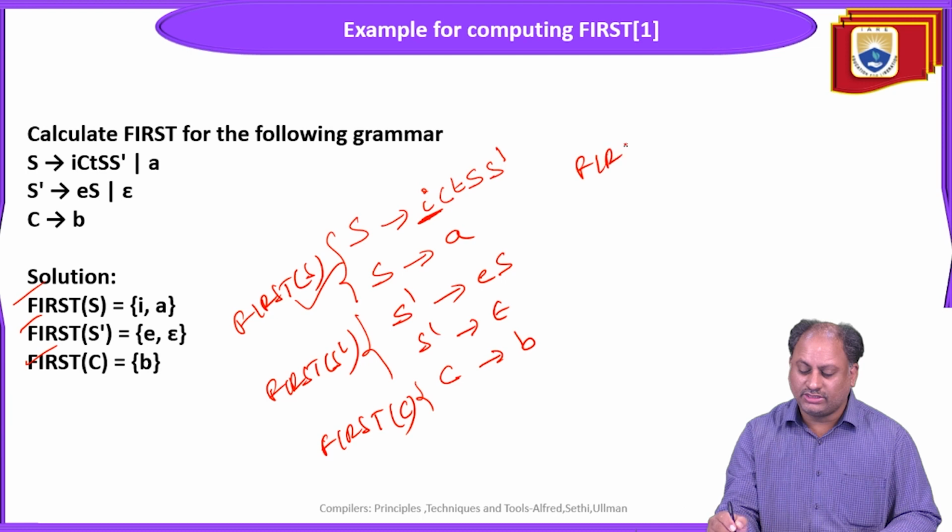First of S is equal to first of i C t S S dash. So automatically we will get first of i.